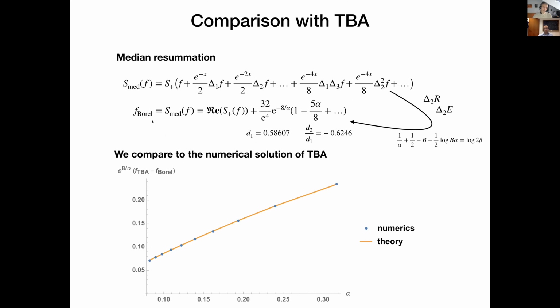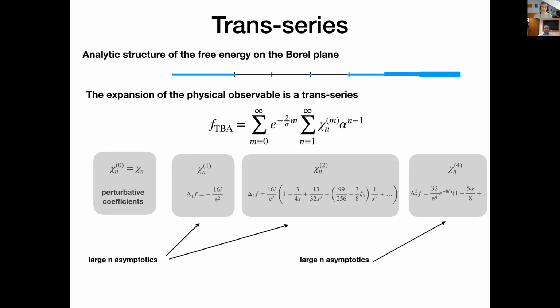But additionally, we could suggest the physical value of the solution of the TBA in terms of these non-perturbative and perturbative resummed contributions, and that we could compare directly to the TBA solution, and they agreed. And this is written how it agreed.